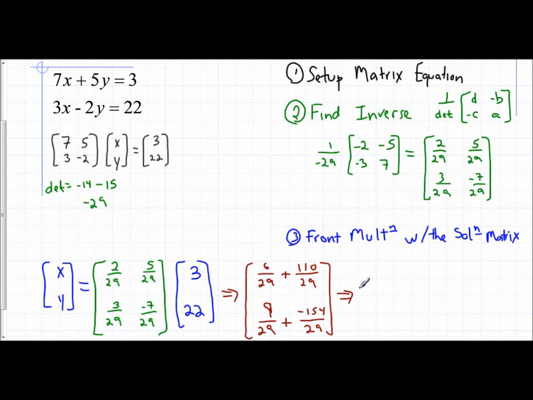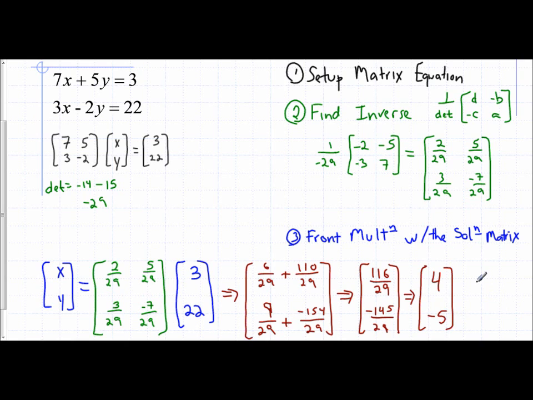So 6 plus 110 is 116. So I have 116 over 29. And 9 plus a negative 154 is negative 145 over 29. Simplify. 116 divided by 29 is 4. And negative 145 divided by 29 is negative 5.